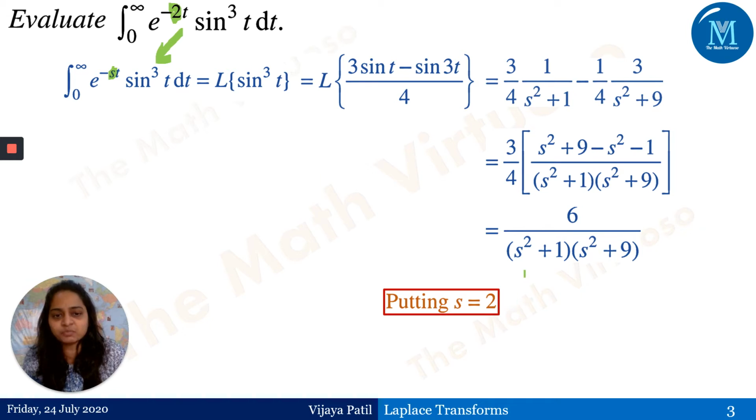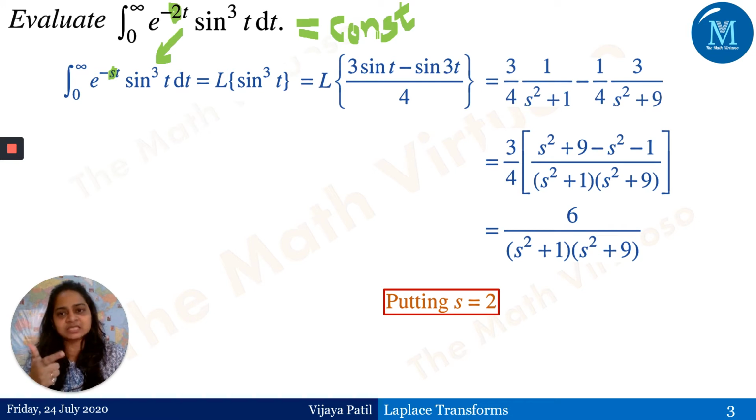Right now, at this point, I want to evaluate. That means I want the value to equal some constant. It would not come out with some variable in it. The evaluation of this integral equals some constant that is free from t and s both.